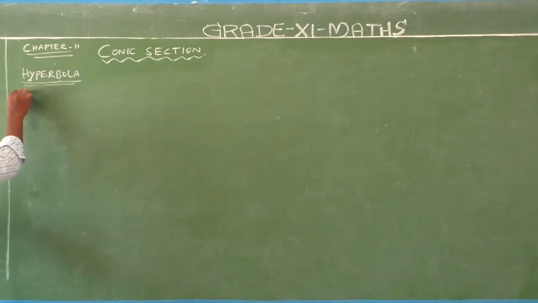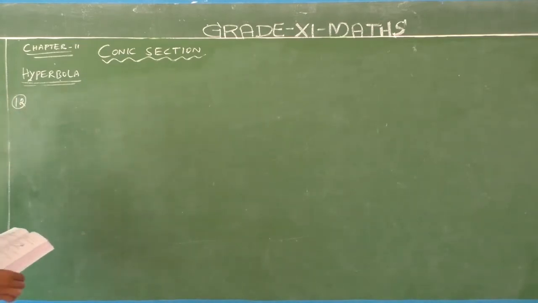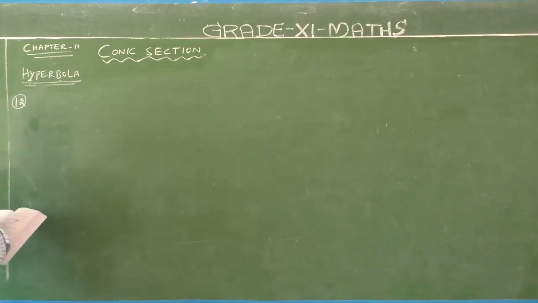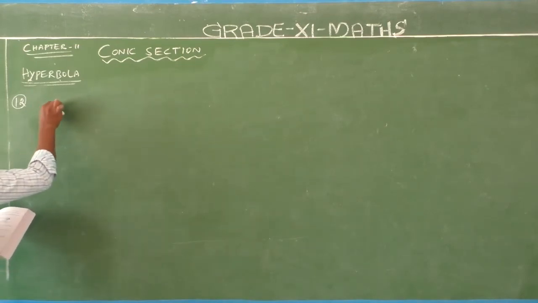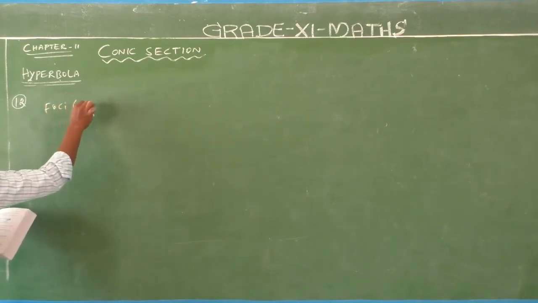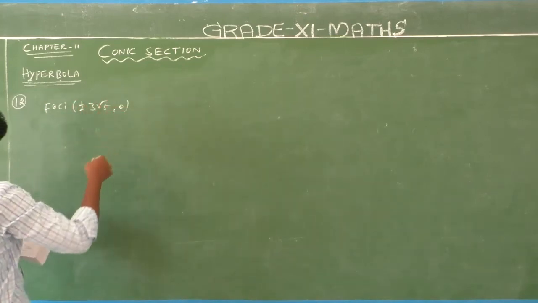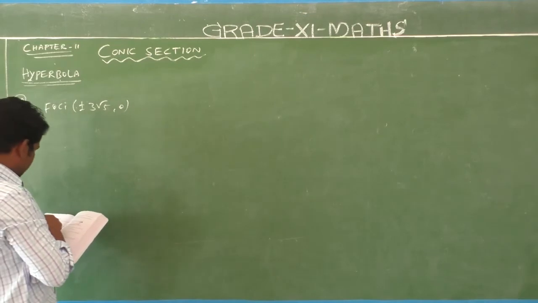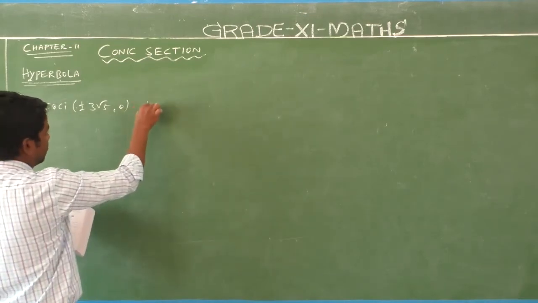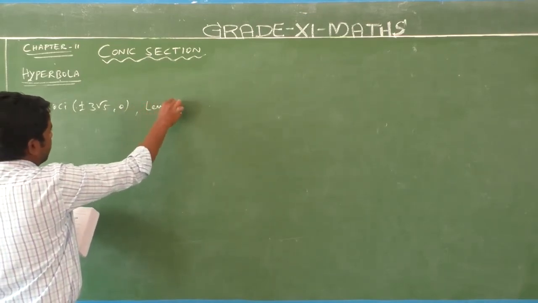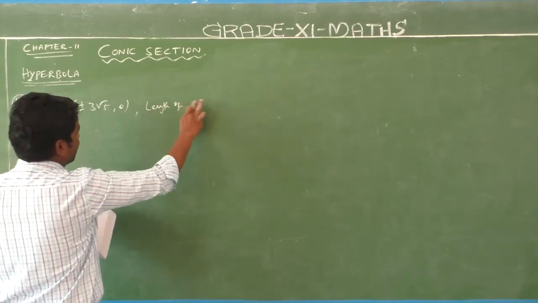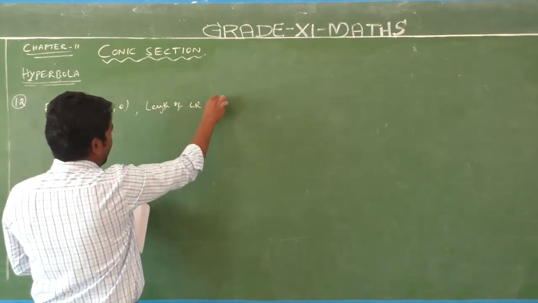Question number 12. The foci are at plus or minus 3 root 5 comma 0 and the length of the latus rectum is 8.